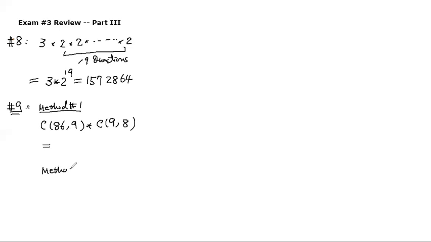Then for method number 2, you can think of it in a different way. If I have 86 numbers and I'm picking 8 numbers, after I pick the 8 numbers, how many numbers do I have left?